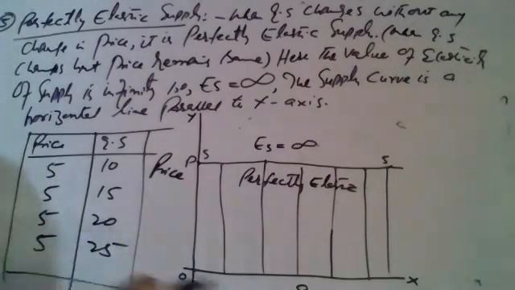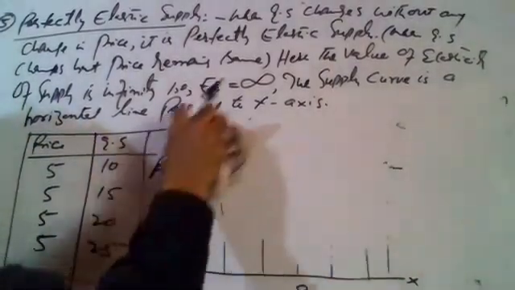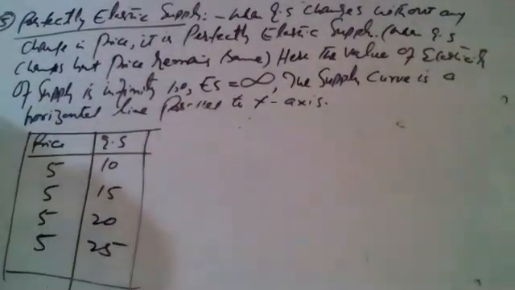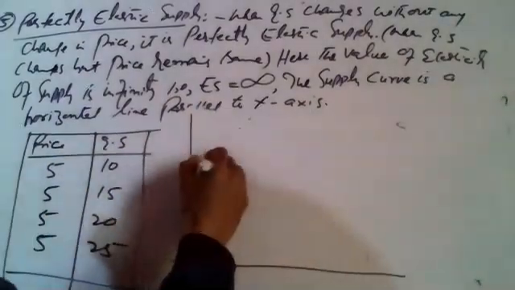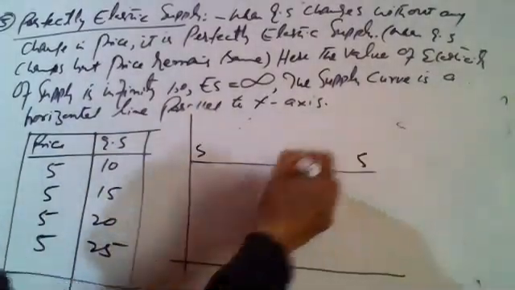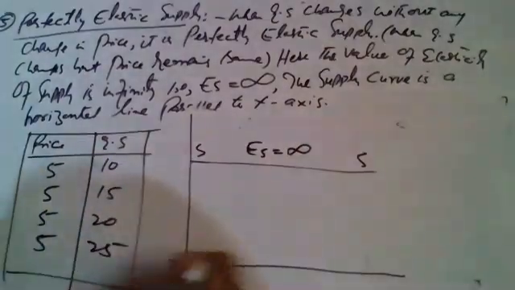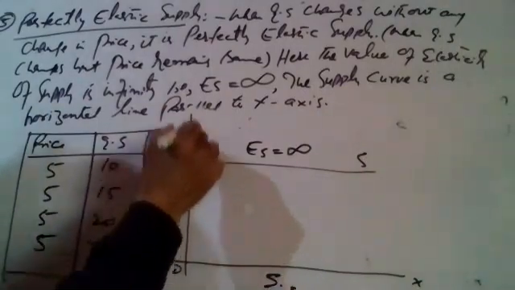This is the case of perfectly elastic supply. The supply curve is a horizontal line parallel to the x-axis. OX shows quantity supplied and OY shows price.